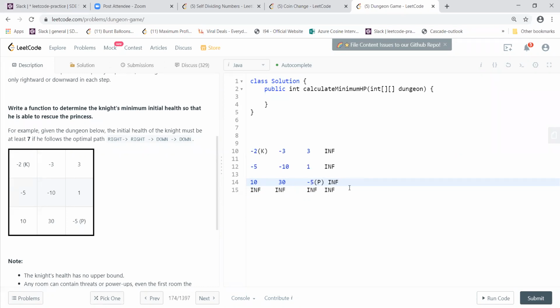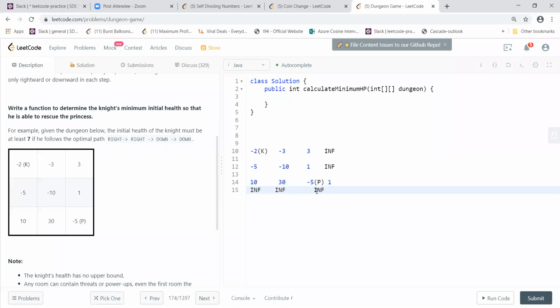So for that, even if this is INF, int max, the first value for the one, because I have to calculate this value. I need to go either to the right side or to the bottom side. To start with the base condition, I'll set this value as 1, because that is the minimum required health.